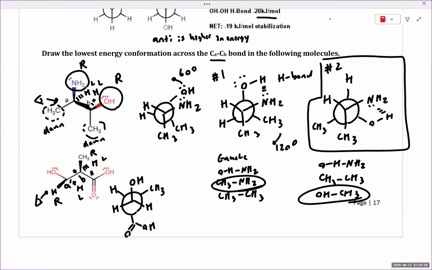So we have one goal in mind. We need this carboxylic acid and alcohol gauche to one another. To this end, we're going to rotate our back substituents 120 degrees, and that in turn gives us the following conformation.